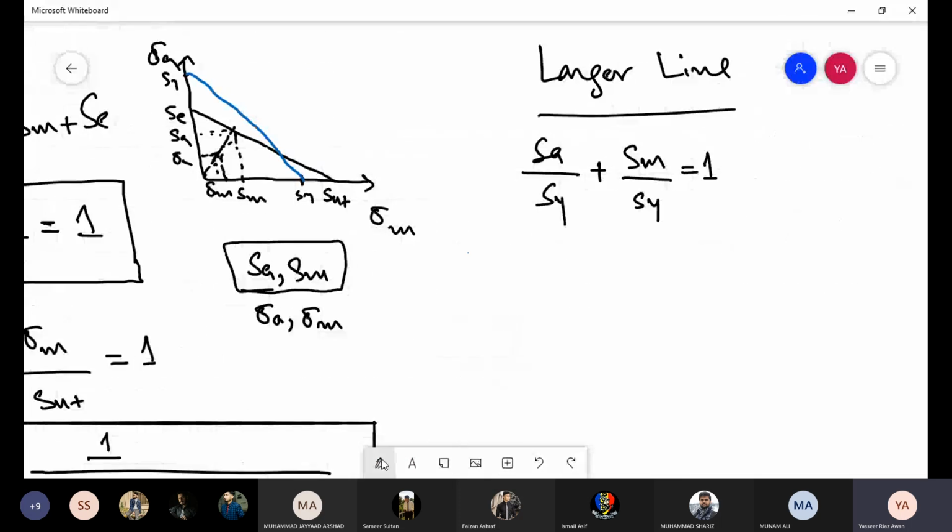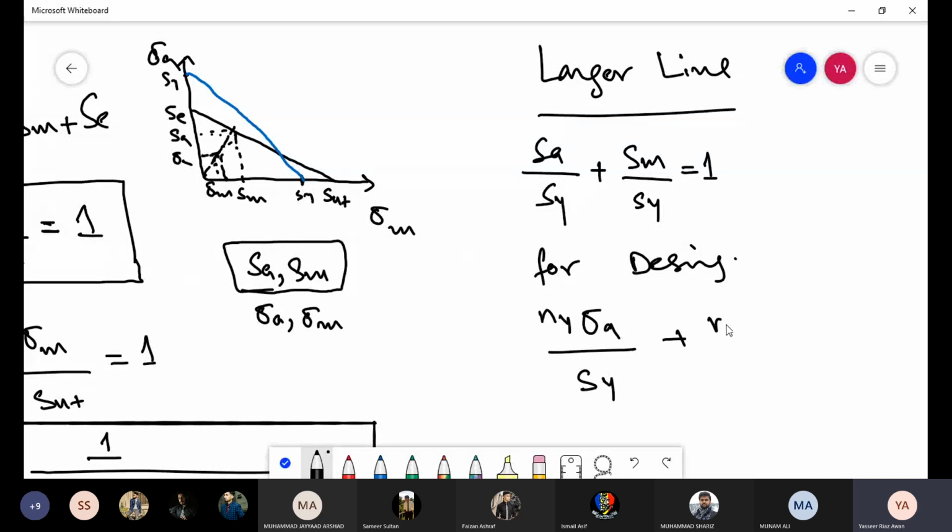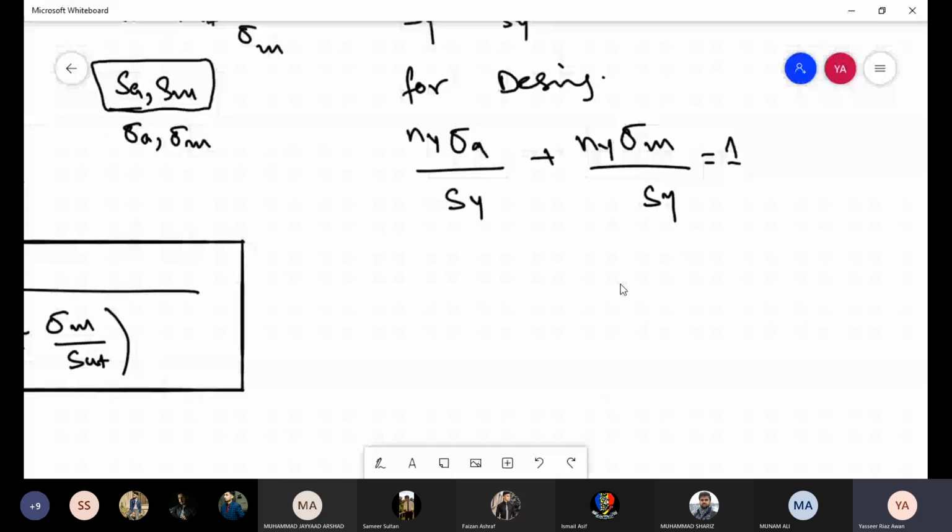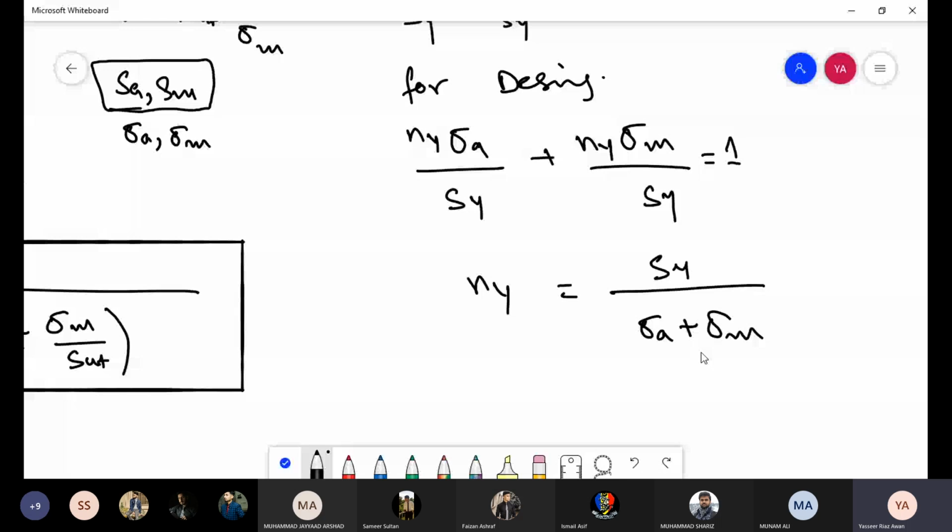And for design, again we use the safety factor. So NY would be SY over sigma A plus sigma M. This basically is the yield check.